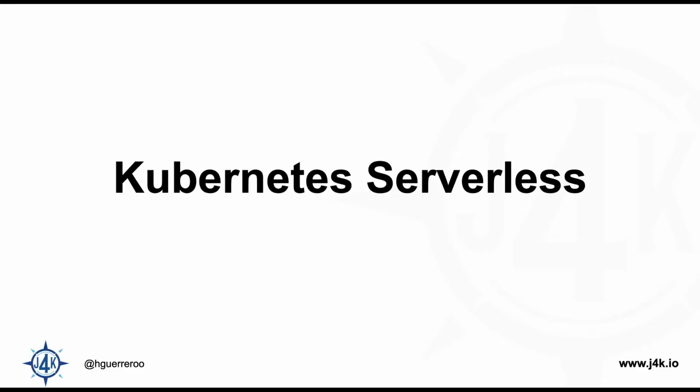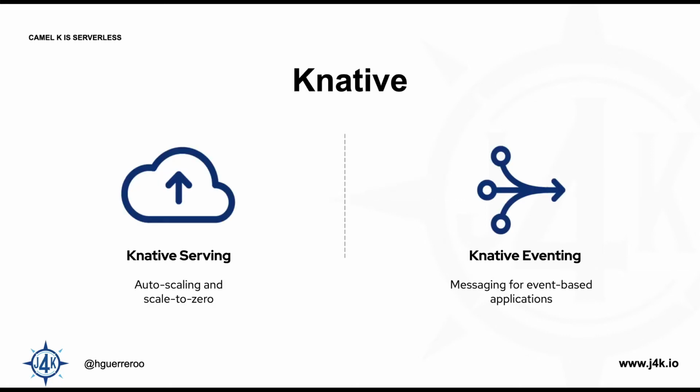That's why we were thinking about a platform or an infrastructure that is able to provide this capability. Kubernetes is one of the cloud solutions, a very dominant infrastructure solution that can help us provide some of these components. And how does it do that? Through Knative. Knative has two main components that give us some of these capabilities of a serverless platform.